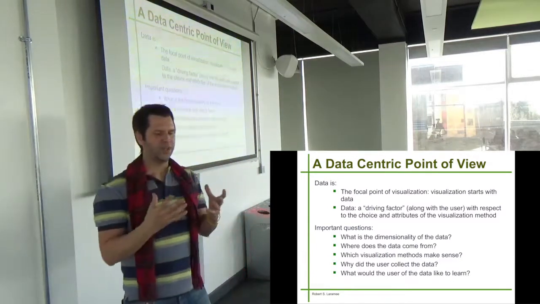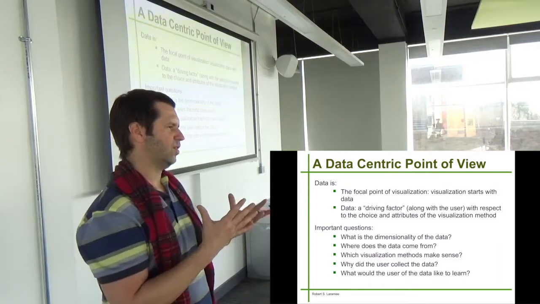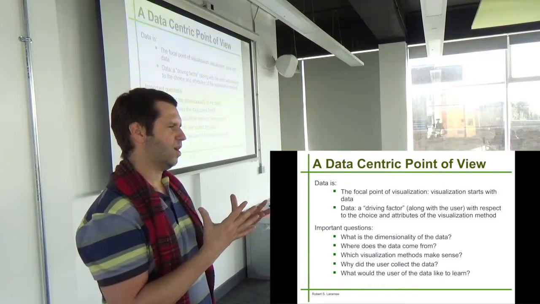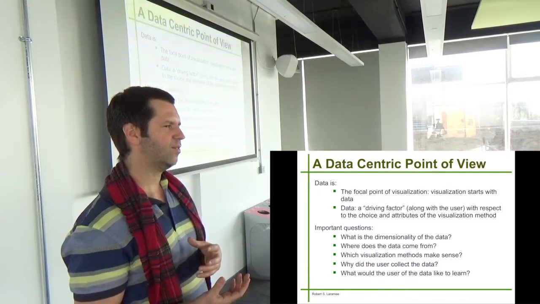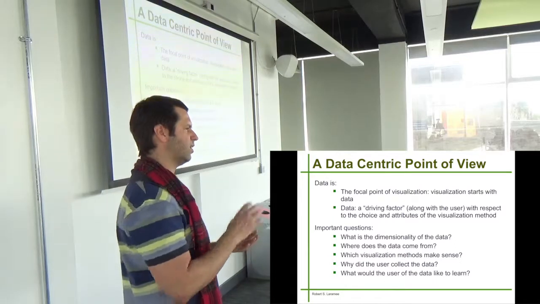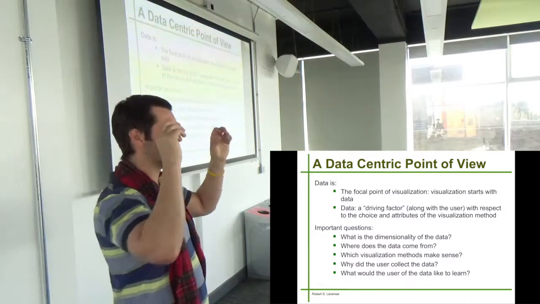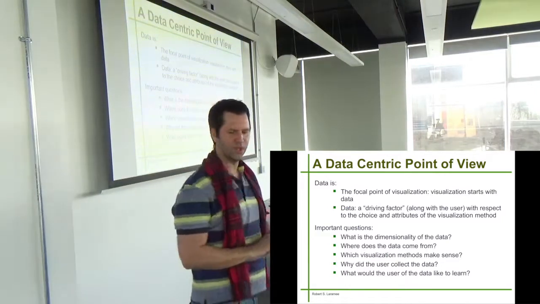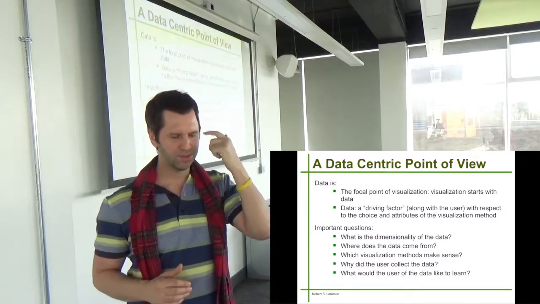So this module takes a very data-centric view of data visualization as a topic. There are other books and modules that take a very different perspective. They start with the person and work backwards, so to speak. Here we start with the data and then we work towards the brain.